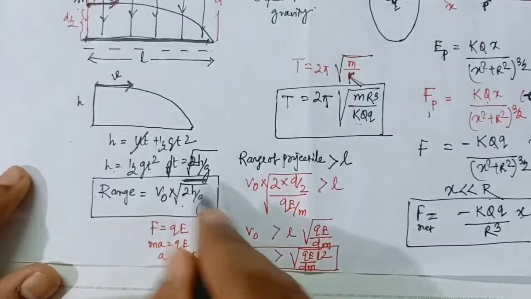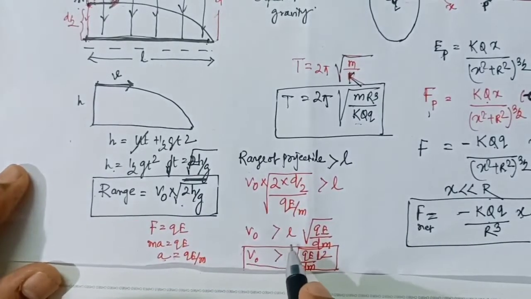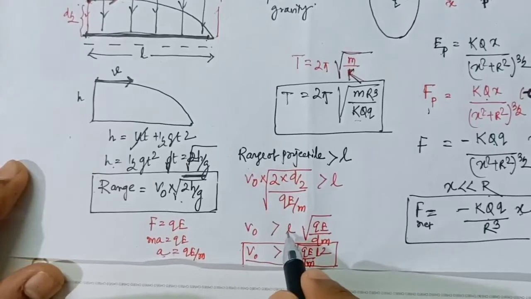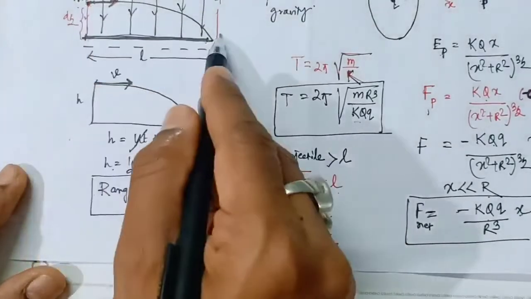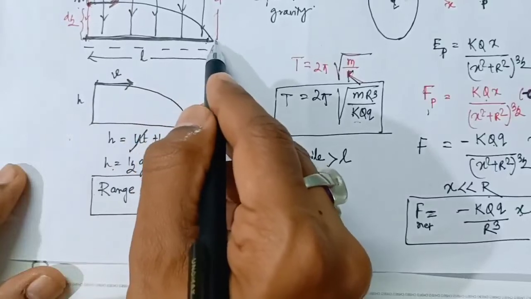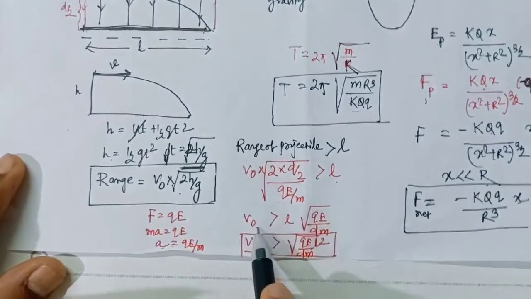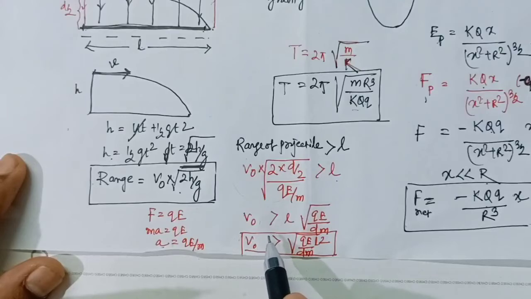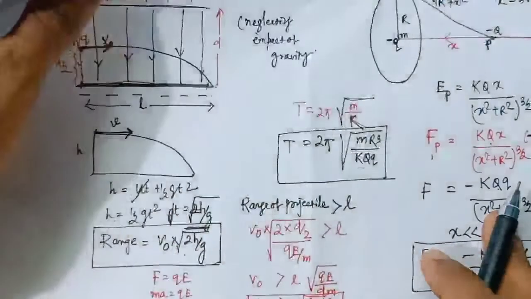And this whole thing should be greater than or equal to L, so definitely it will not hit the bottom surface, because the range is more than L. Using this concept, I simply get the expression of the velocity. I hope this scenario is clear to all.